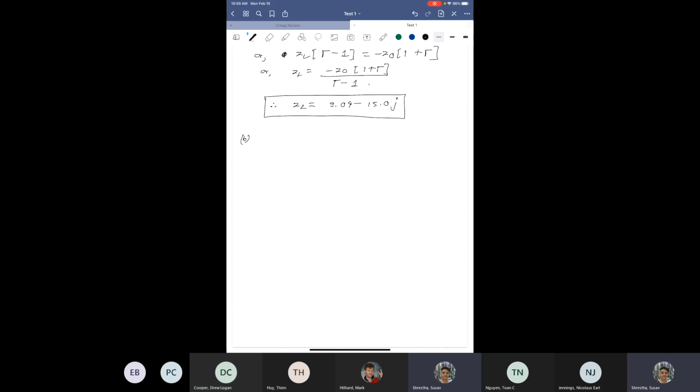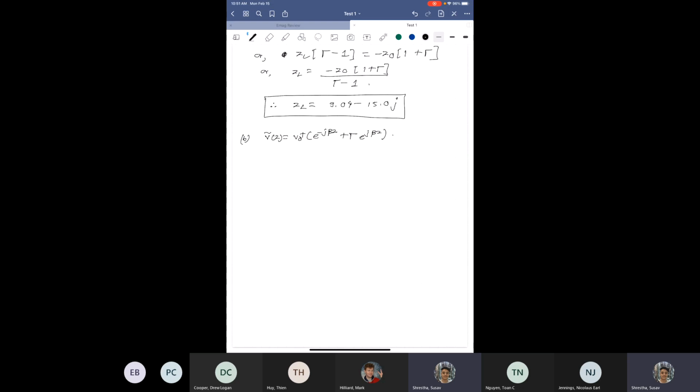Let me make sure I'm copying the right one. All right, so we have the formula: V of z phasor equals V naught plus e to the power negative j beta z plus the reflection coefficient times e to the power j beta z.